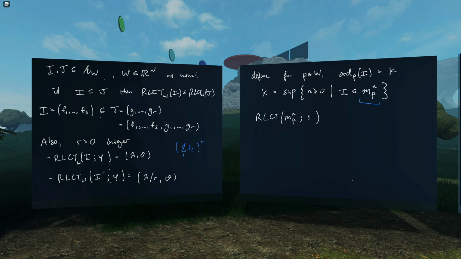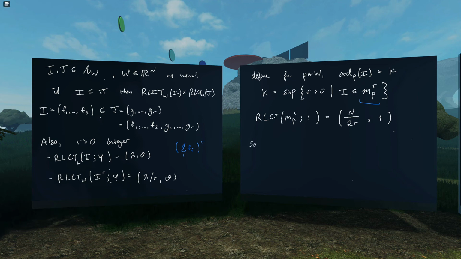In this case, the RLCT is going to be N, the dimension, over 2R, and then 1 will be our multiplicity.